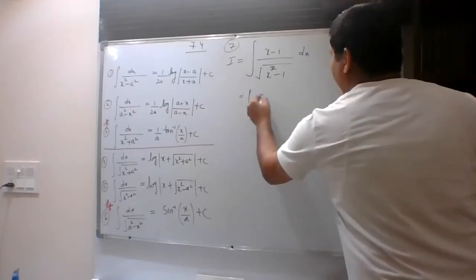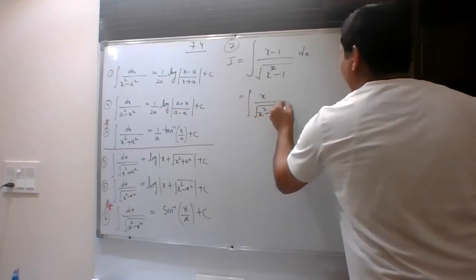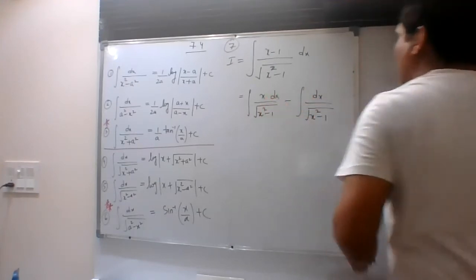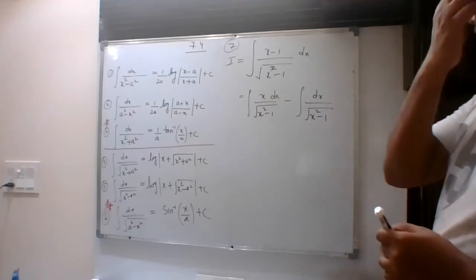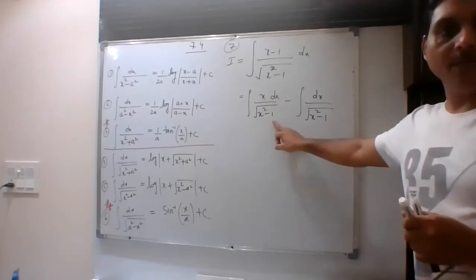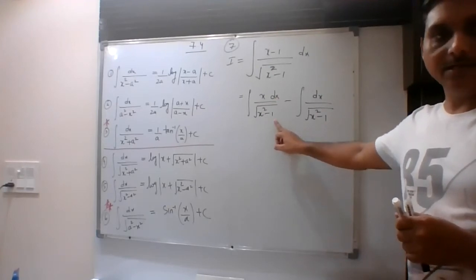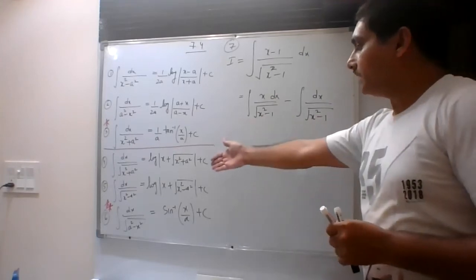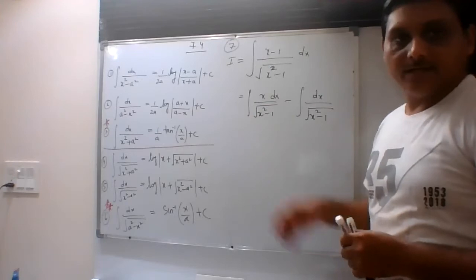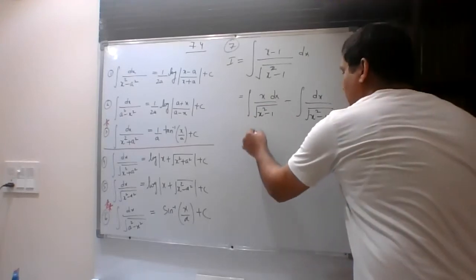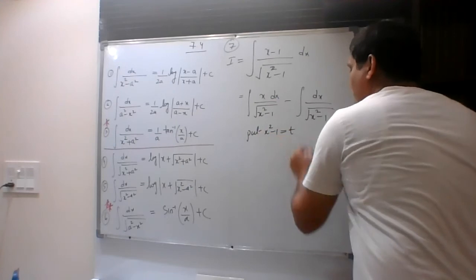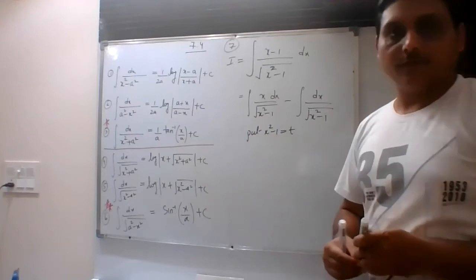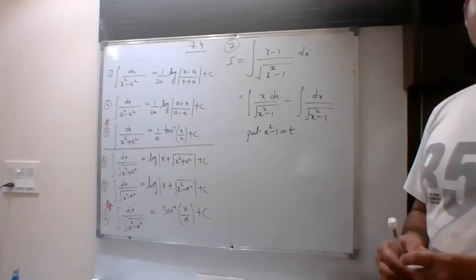I can rewrite this as x upon under the root of x square minus 1 minus dx upon under the root of x square minus 1. In the first one, you have to apply substitution, put x square minus 1 as t. And in the second one, you will simply apply formulas. Formula number 5 you can apply and you will get the answer. So just put this quantity as t for the first, and for the second you can apply formula number 5. After that you will get the answer.